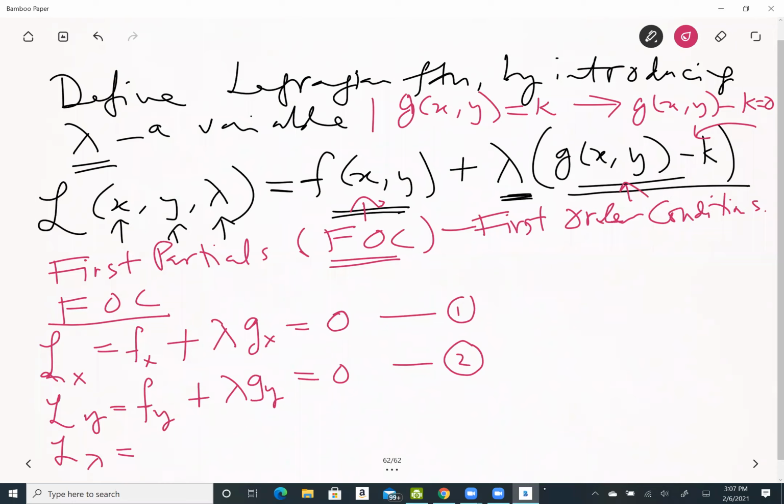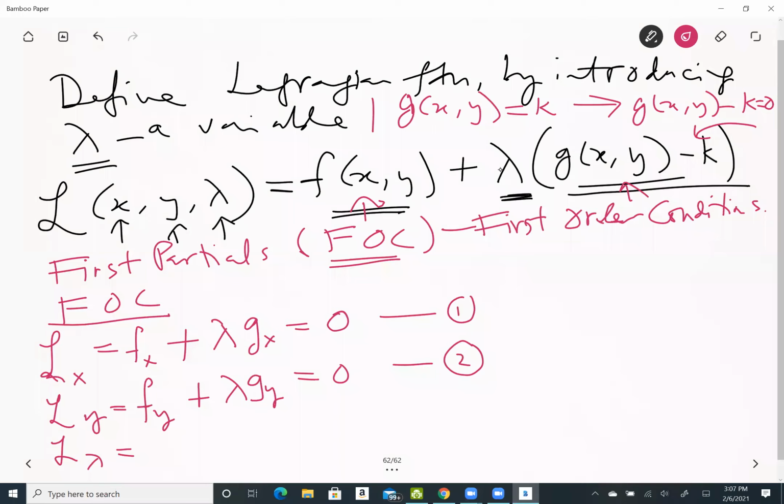Lambda gx gy? Yeah, but that is not really correct. Anybody else? You are taking the derivative with respect to lambda, no? The variable is the lambda.